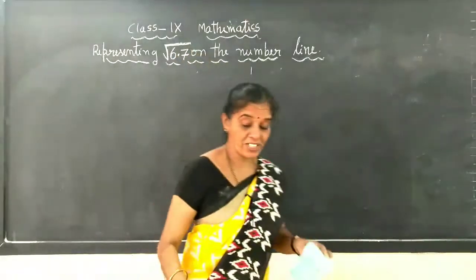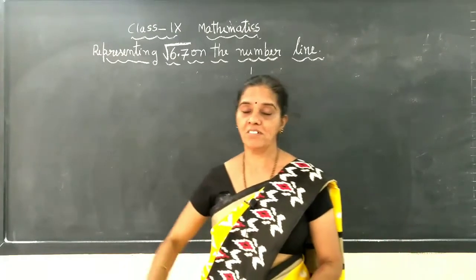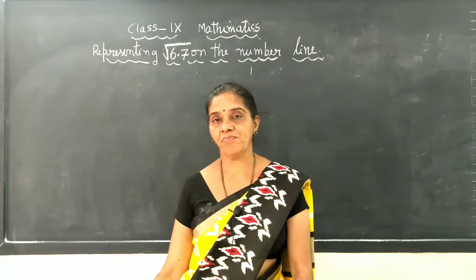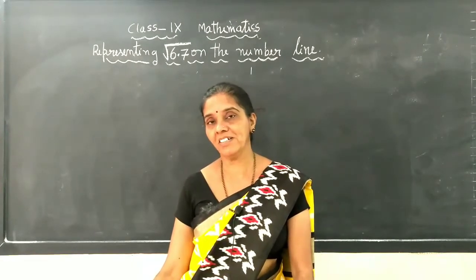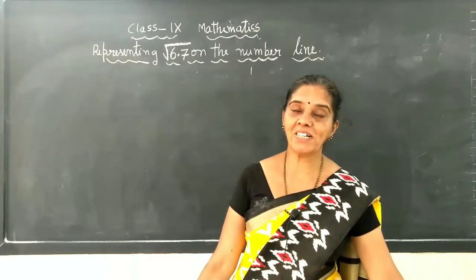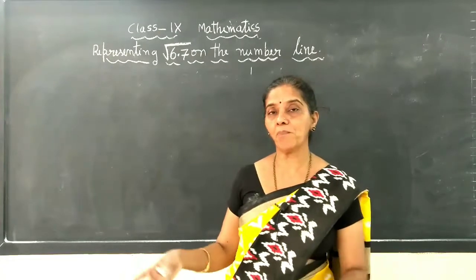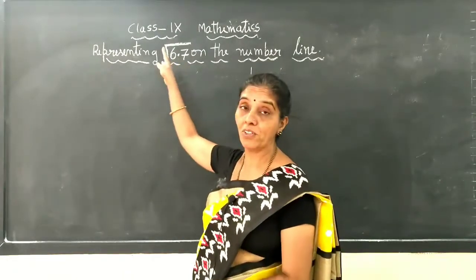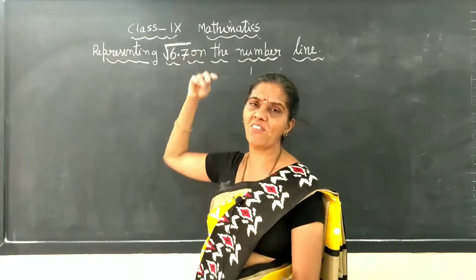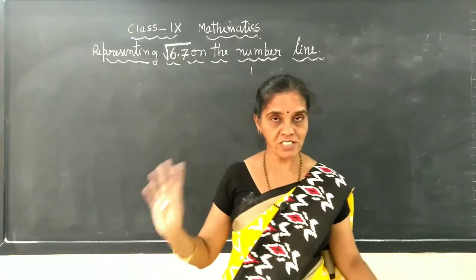Representing square root 6.7 on the number line. How to do this? The point is also there, right? So we cannot use that method. Instead, geometrically another method we will use, and whichever positive number we are given, square root 3.1, square root 11.8, whichever number we can represent on the number line using this method.